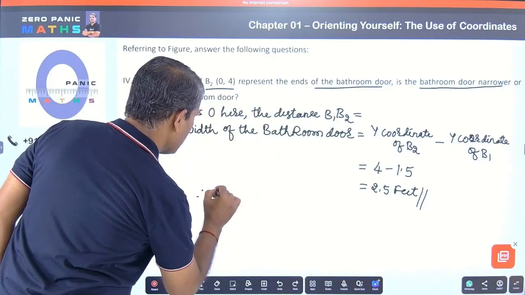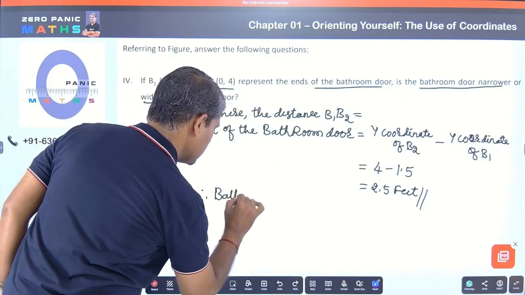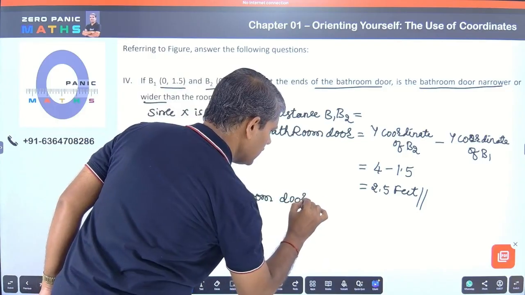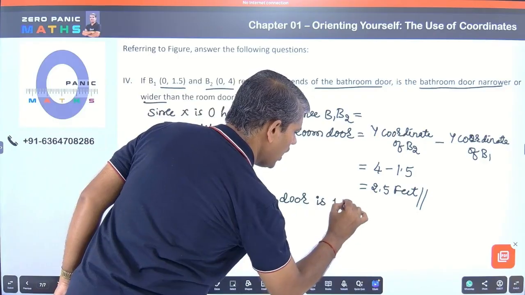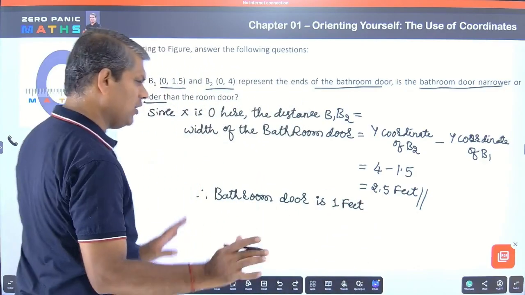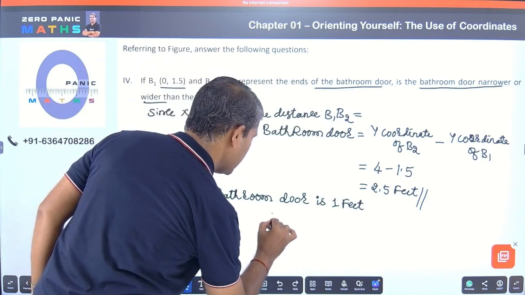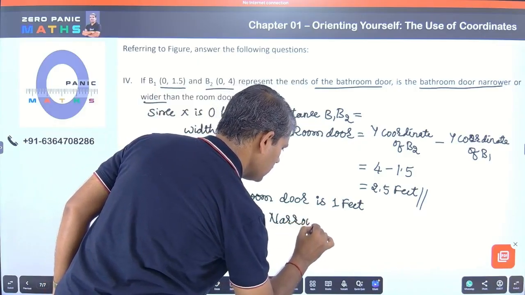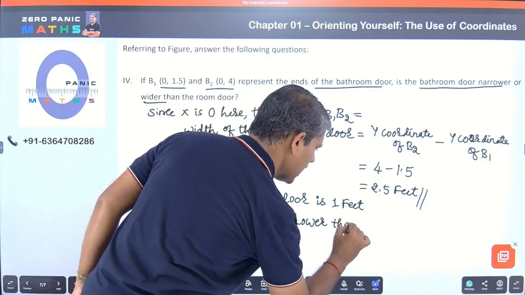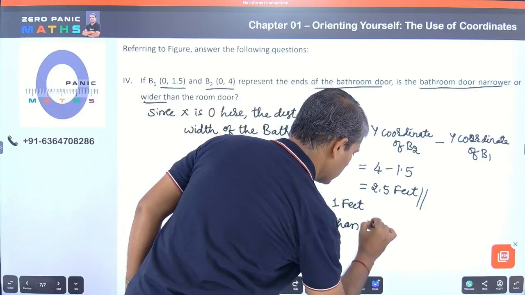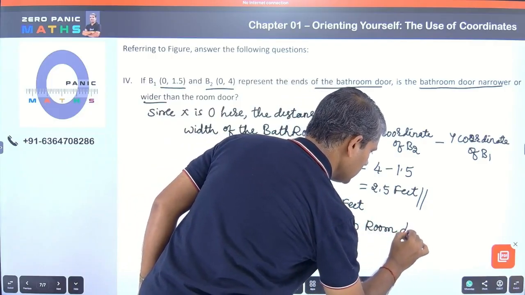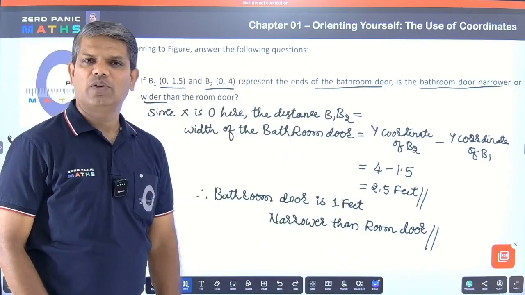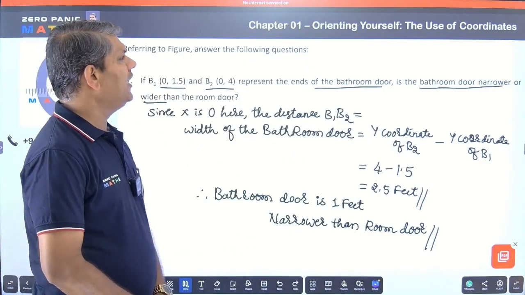Therefore, the bathroom door is exactly 1 foot, or 1 unit, narrower than the room door. Correct? So this is the answer to this question also. You understood this? Okay. Let us see the next concept.